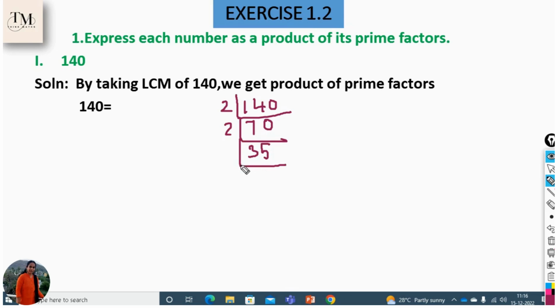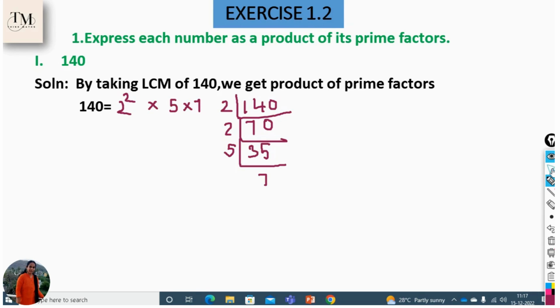So 35 is not even. If I take 3, 35 is not divisible by 3. So I take 5, the next prime factor. 5 sevens are 35. So expressing this as a product of prime factors: 2 to the power 2 into 5 into 7.